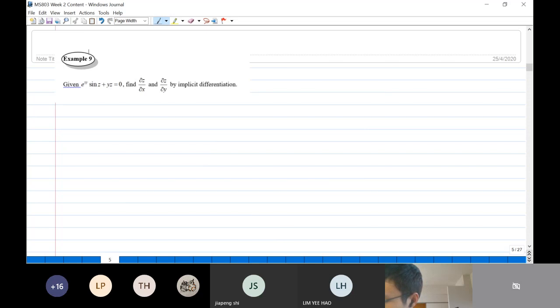There's an issue with this problem because, unlike the previous one, this expression has x, y, and z. Normally we have z as a function of x and y, then you differentiate directly and find the partial derivative of z with respect to x and with respect to y.